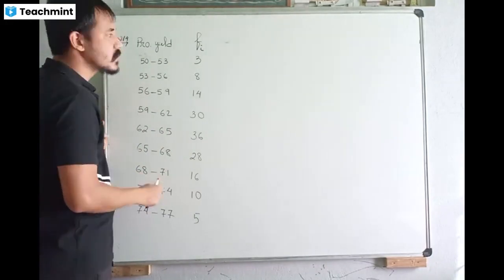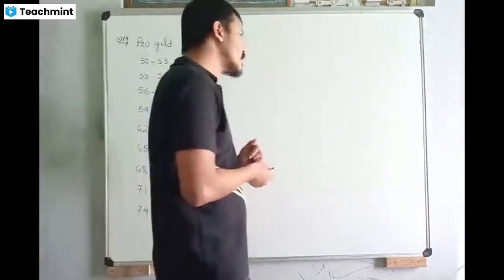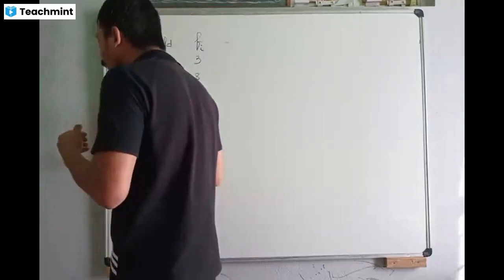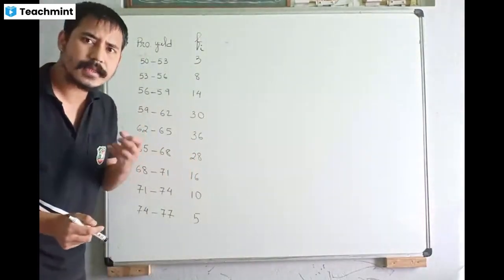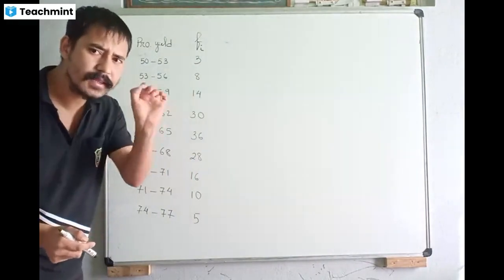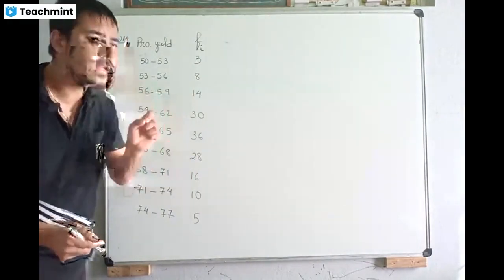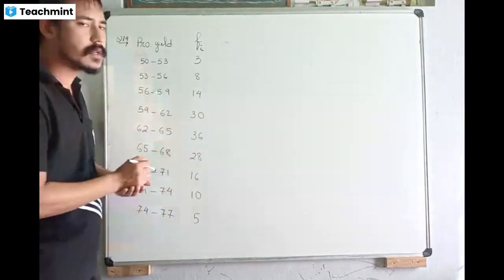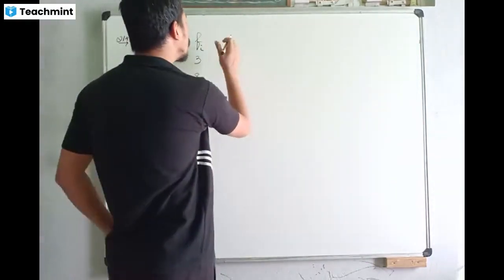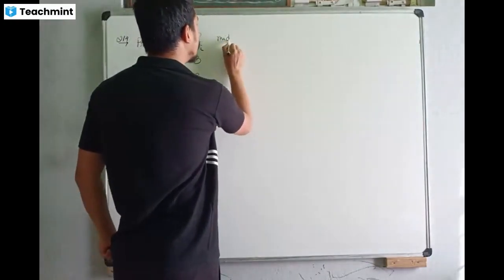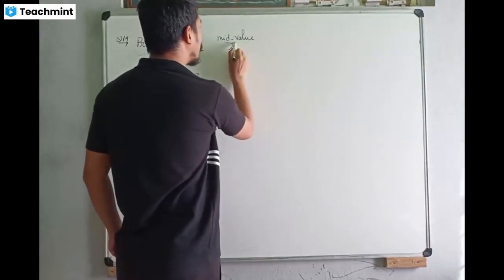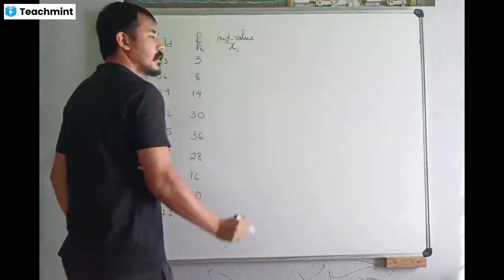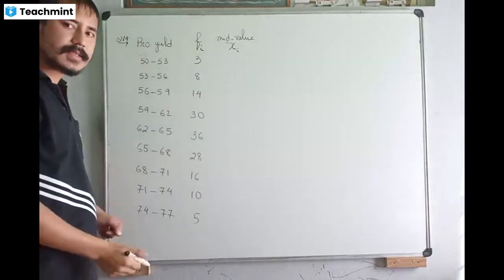Now what we have to do is find the centermost value, the middle value of each of these groups. We call it the mid value, denoted by xi.